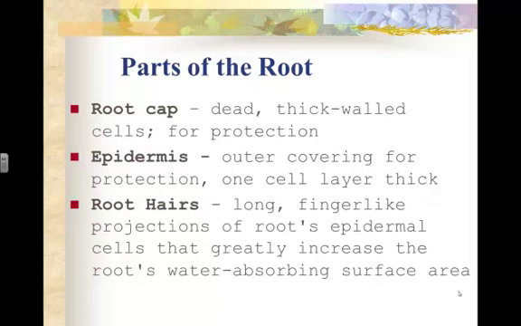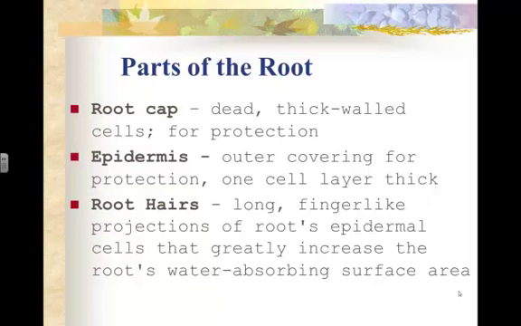If they came in direct contact as they pushed through the soil, they'd be shredded. So God put on them a root cap, a protective covering, so they don't get shredded by all the rock fragments as they move and push through the soil. It's a bunch of dead, thick-walled cells. That's what makes up the root cap.